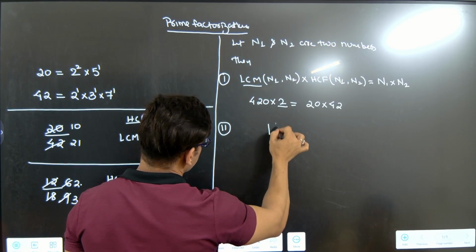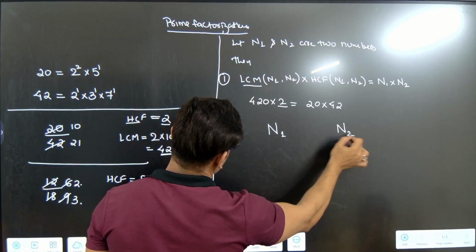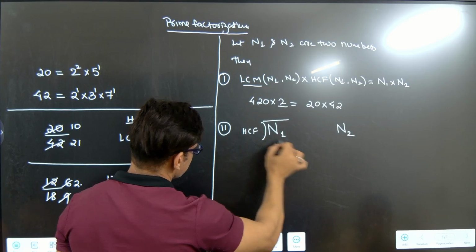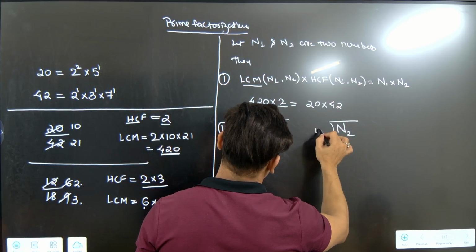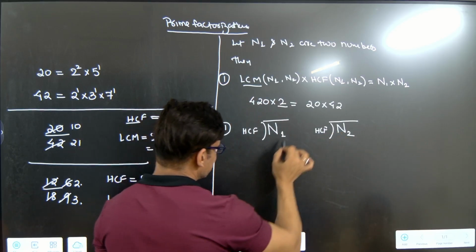See, the moment you take your numbers n1 and n2, you divide these numbers with their HCF. Right? So divide your number n1 with HCF.